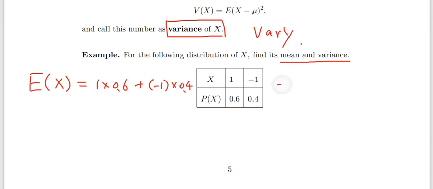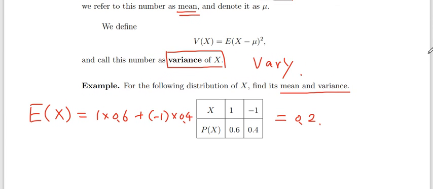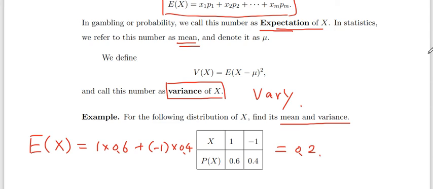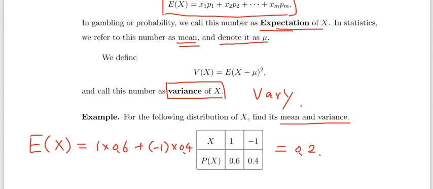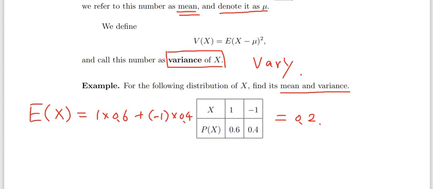So we find this equals 0.2, right? So we can say the mean is 0.2, and in stats we denote this as mu. We reserve this mu for the mean.